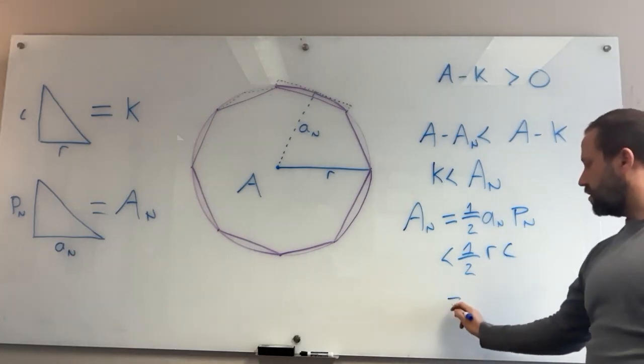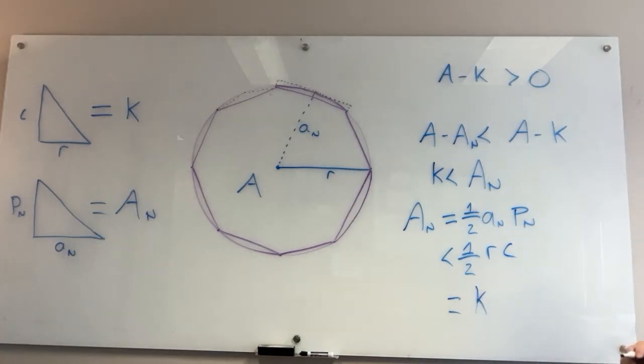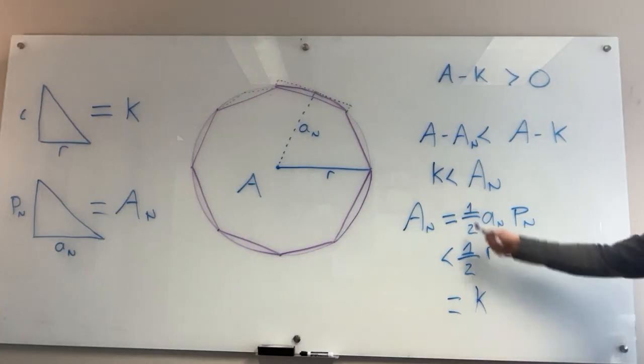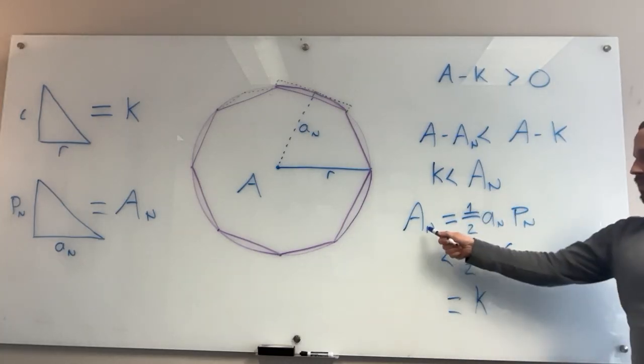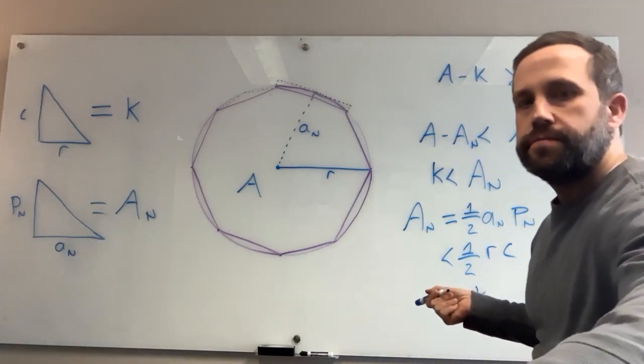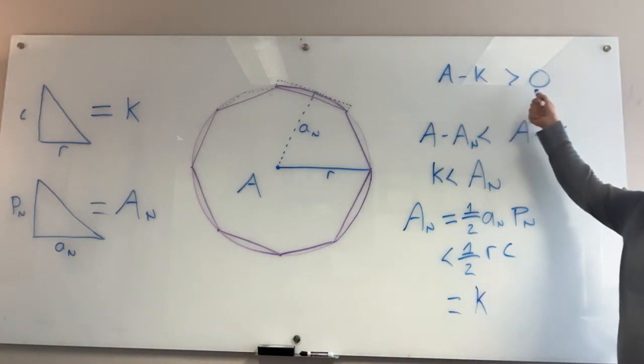But this is just equal to K. So this says A_n is strictly less than K. So K is less than A_n, and A_n is less than K. Well, that's a contradiction. So what this contradiction says is that A minus K cannot be greater than 0.